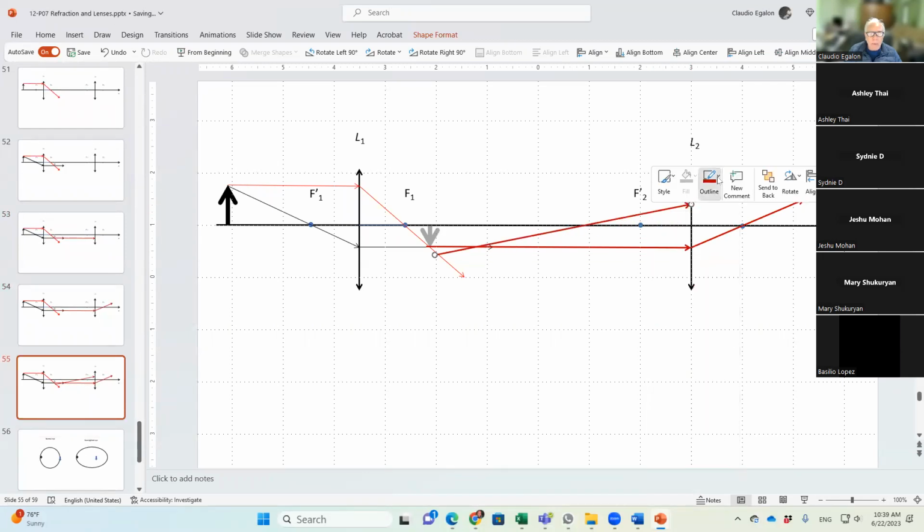This light ray, I'm gonna make it green. Yeah, this image is gonna be very small because the object for two, right? Here's the object for one, and then that's the image of lens one. The image of lens one is the real object of lens two, okay? That's how it goes. And then we're gonna have another light ray.